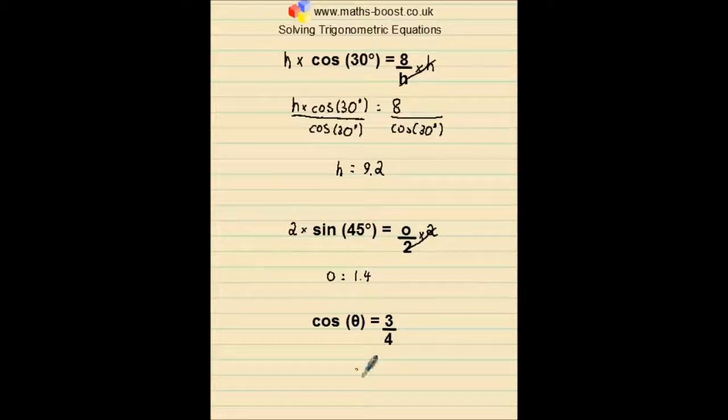And the last equation. Crucially, I notice that the unknown is an angle, and that reminds me that this is the easy equation. I simply press the inverse cos button on my calculator and type this in.